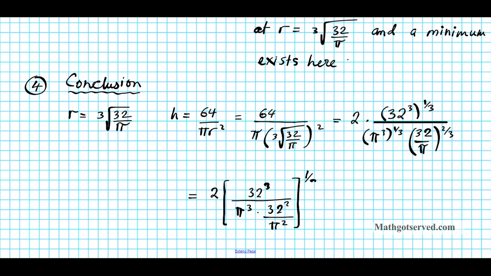What did I just do here? I just took out the 1/3 power from all three terms. And then this square right here, I distributed to the 32 and also to the pi.